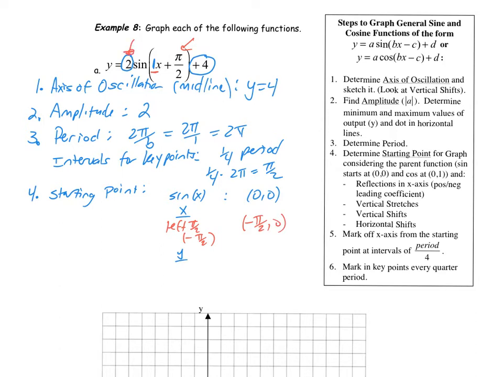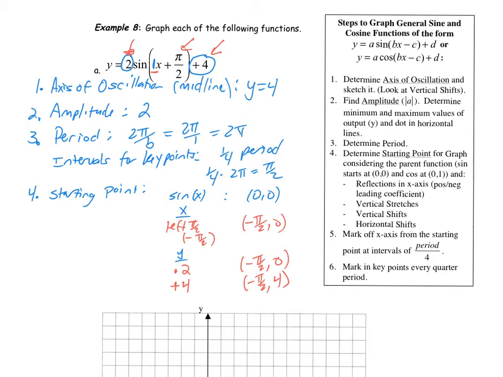Y values are getting multiplied by 2 because we have a vertical stretch by a factor of 2, and they're being shifted up 4. So we started at 0, so 0 times 2 is still 0, so that doesn't change our point. And then we shift up 4, so we get the point negative pi over 2, 4. That's going to be our starting point.